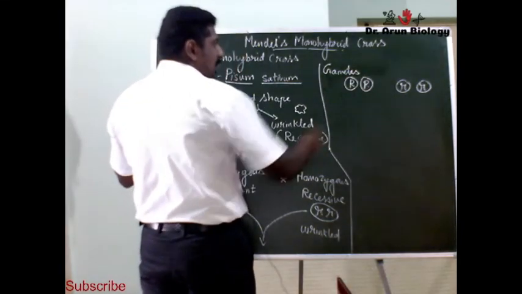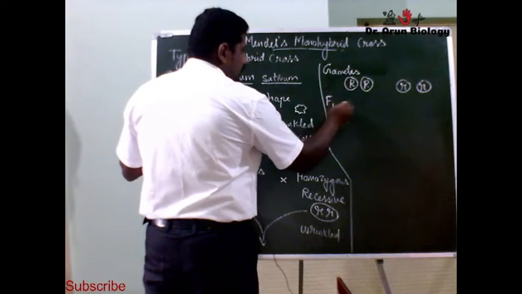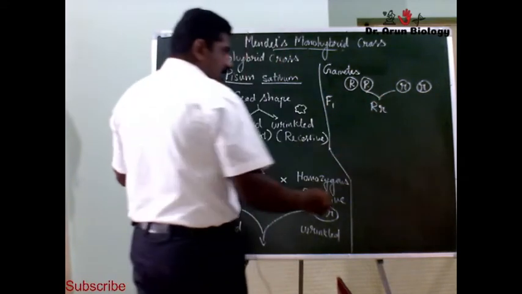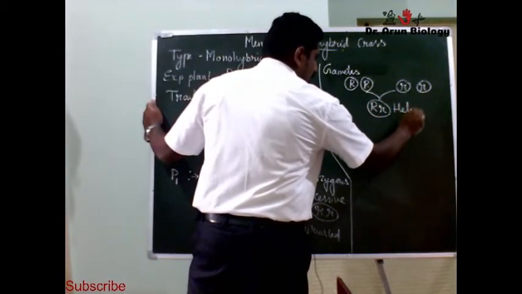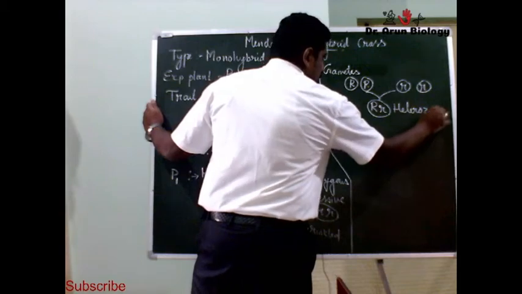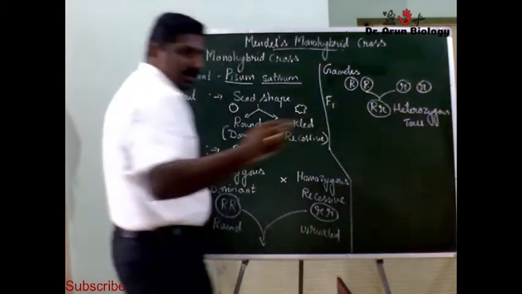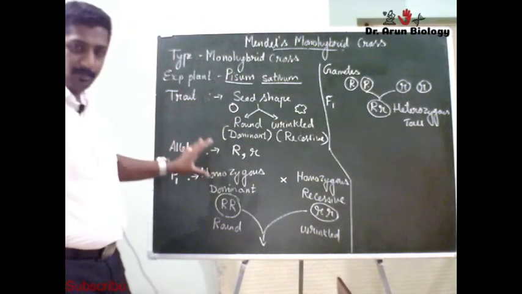So the gametes have segregated. Now we are going to see the F1 progeny. The F1 progeny was capital R and small r, which is nothing but heterozygous. Okay, so the second step of Mendel is over.